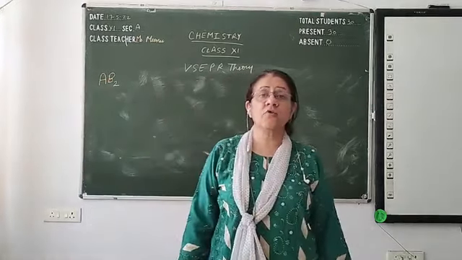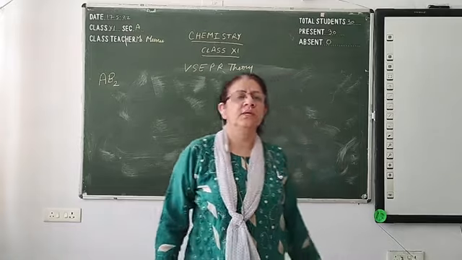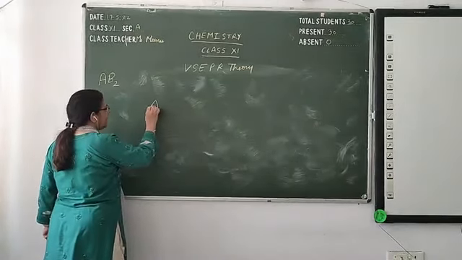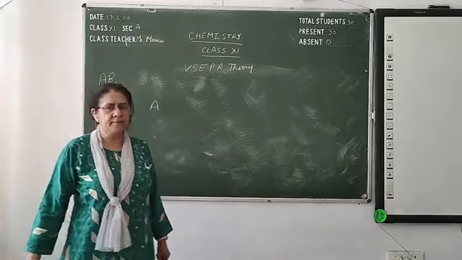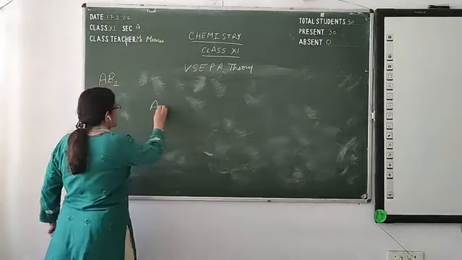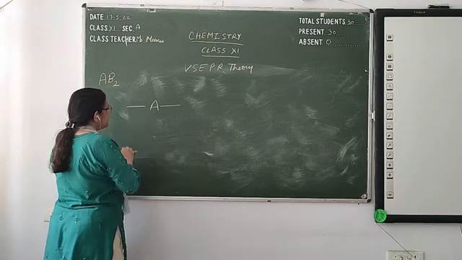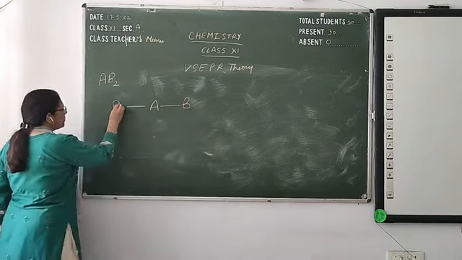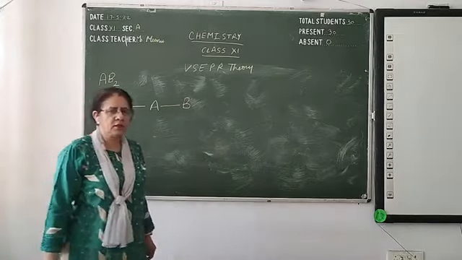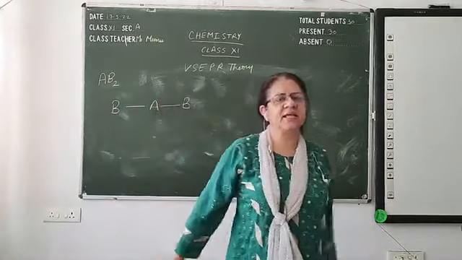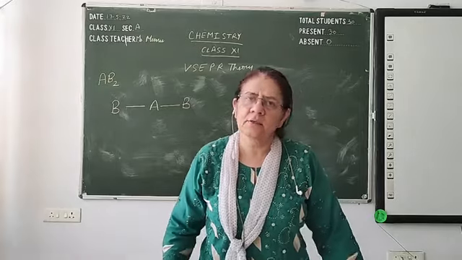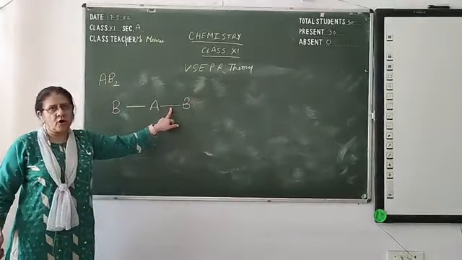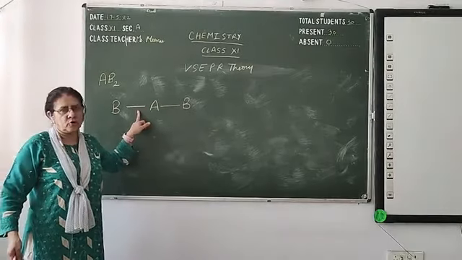Now in case of AB2, the central atom is A, and it is bonded with B. So central atom is A and it is bonded with B. Now this is one bond pair, this is another bond pair.